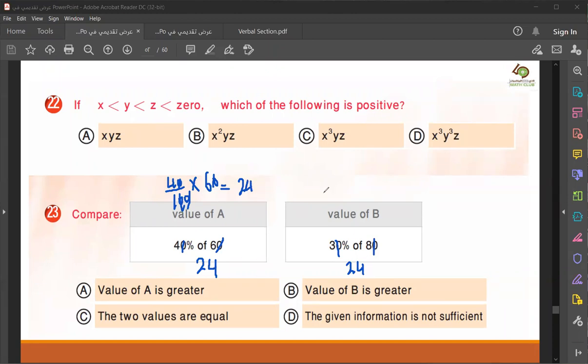Another one also, 30%: 30 over 100 times 80, then you simplify, the same answer, 24. Okay, the answer is the two values are equal, number C.